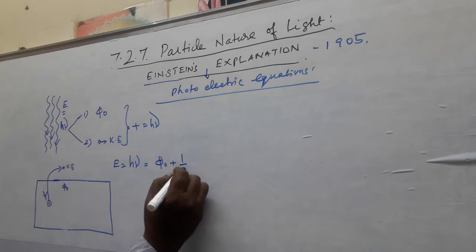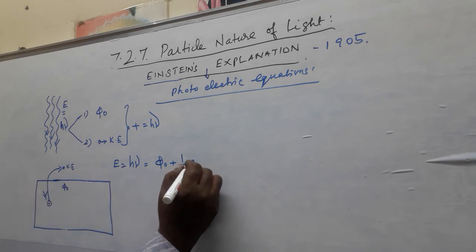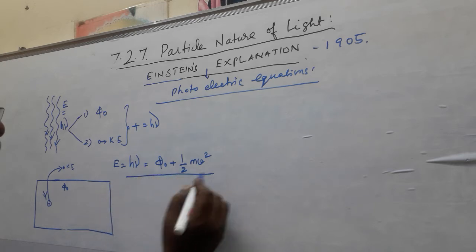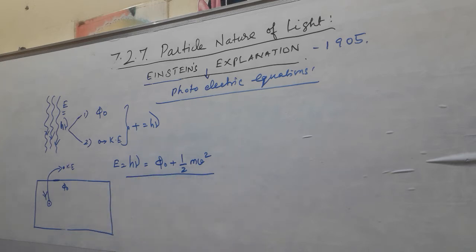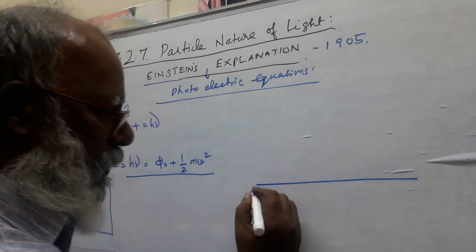So we can write the kinetic energy as half m v square. This is the equation he gave: h nu equals phi naught plus half m v square.